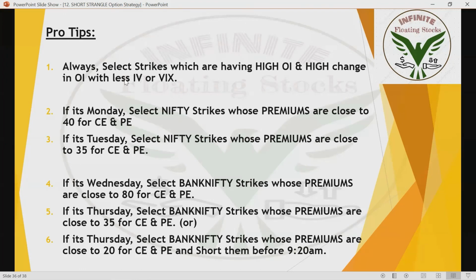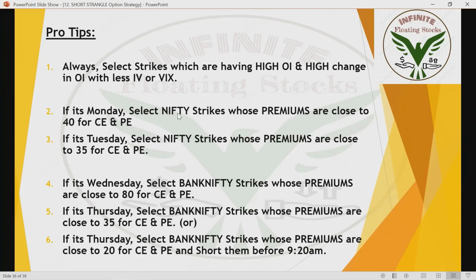All right, so here are some tips. Always select strikes which have high OI and high change in OI with fewer wicks. If it's Monday or Tuesday, it is advisable to select Nifty strikes.